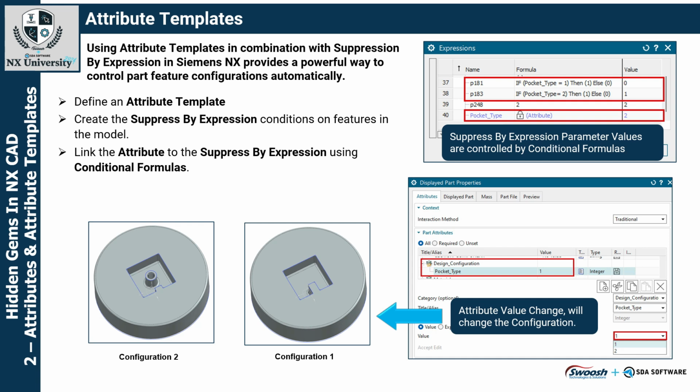Also, P183 is also an if statement. If pocket_type equals 2, then 1, which means to unsuppress the feature inside the part, else 0. That's going to suppress it in the part. If somebody changes that pocket_type attribute in the design, it's going to update and affect these formulas.